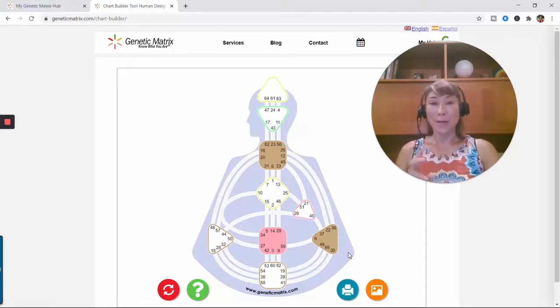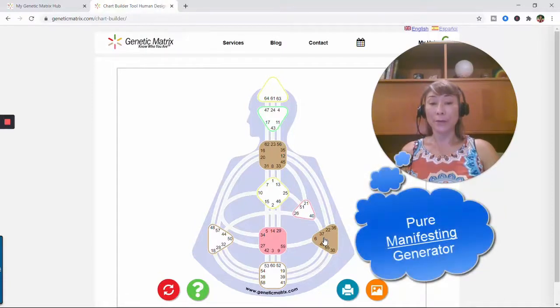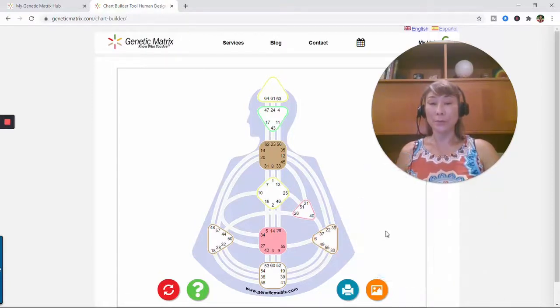So if you're a manifesting generator and you have an emotional authority, it means that you are an emotional manifesting generator with this emotional solar plexus defined. If you are a pure manifesting generator, your emotional solar plexus is undefined and your throat is connected to either the sacral center, the will center, or the root center.